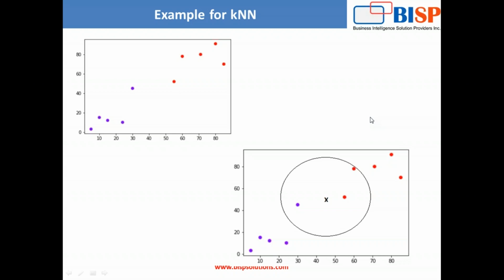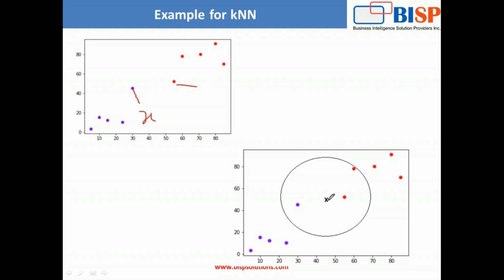So let's see. Suppose we have a data set with two variables. We define x in the blue class or red class. This could be x, which would be in the red class or blue class.